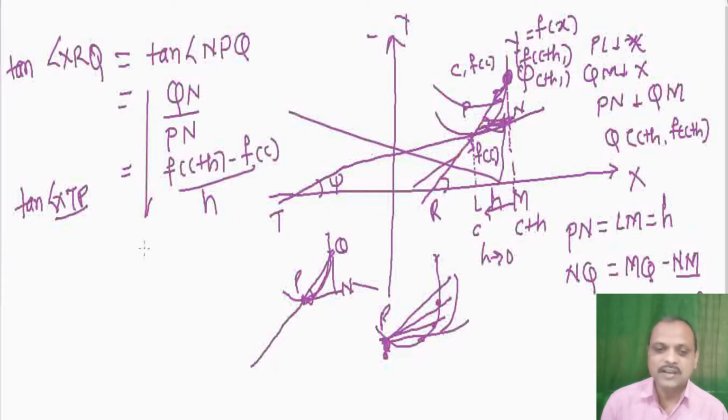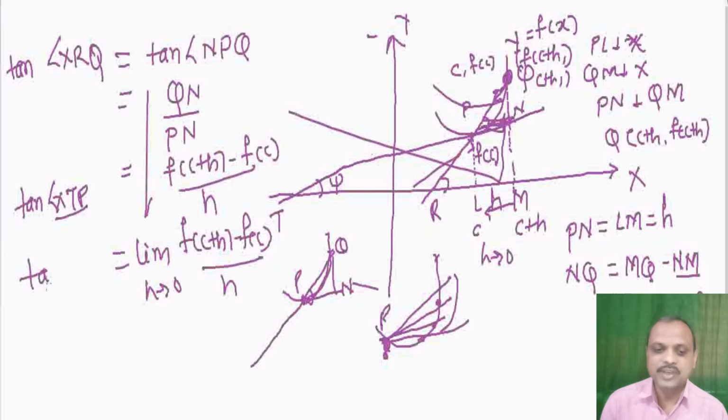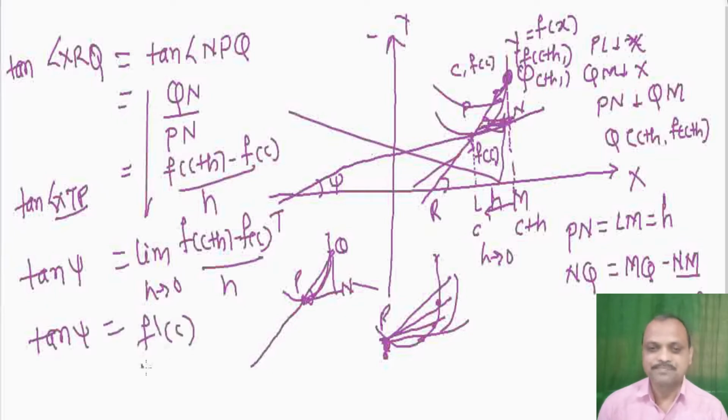In the limit h tends to 0, f of c plus h minus f of c divided by h is tan of XTP, which is tan of psi, and this is f dash of c. So friend, you can see that the derivative is nothing but the tangent of the angle that the tangent at the point makes with the x axis.